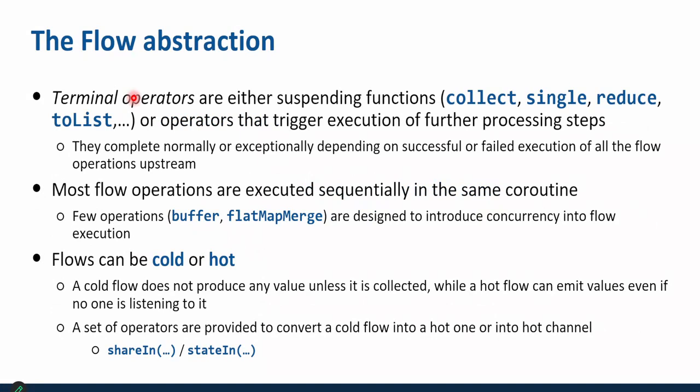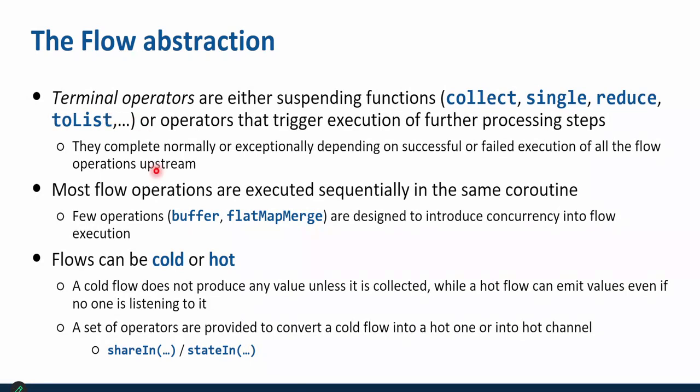There are, again, a lot of them. Some we already know, like toList. Some others are specific to the flow world, like collect or reduce. When these are called, it means that finally the execution of your plan of data manipulation will happen.